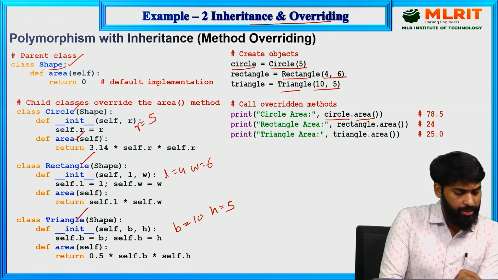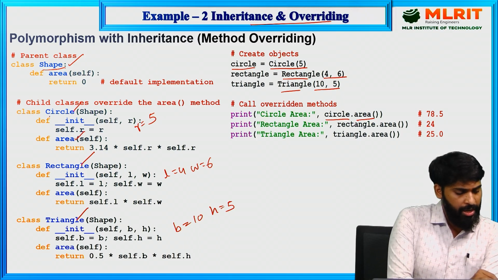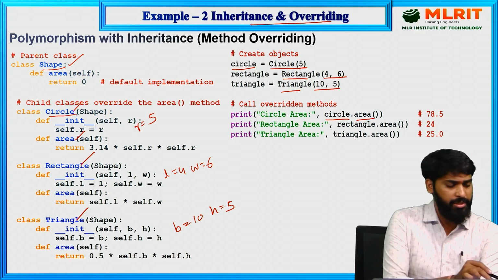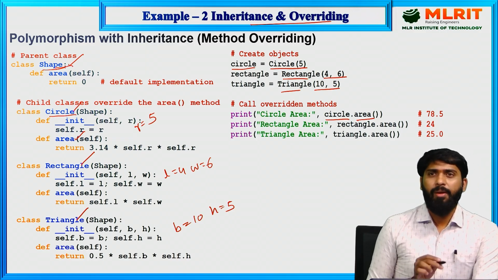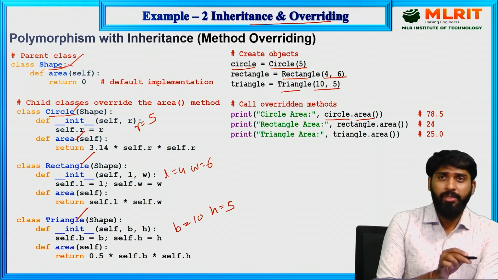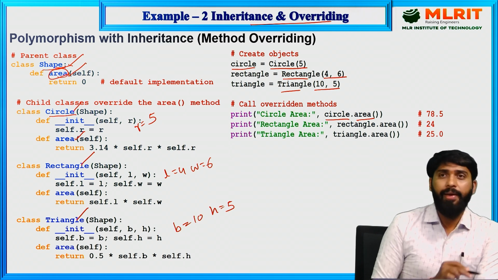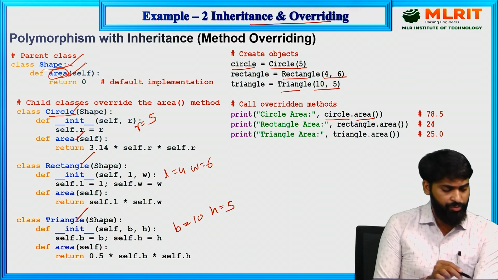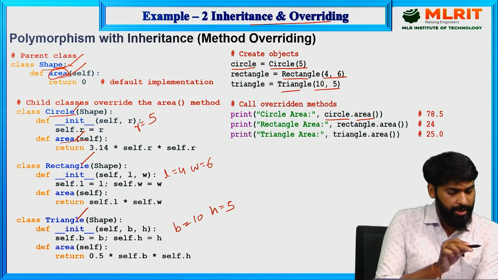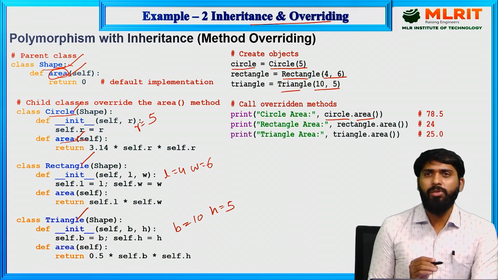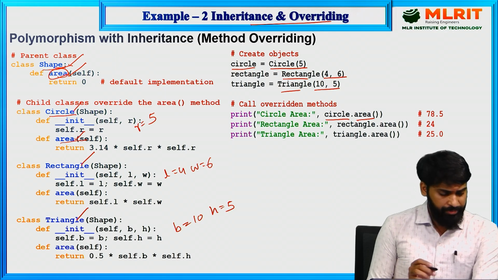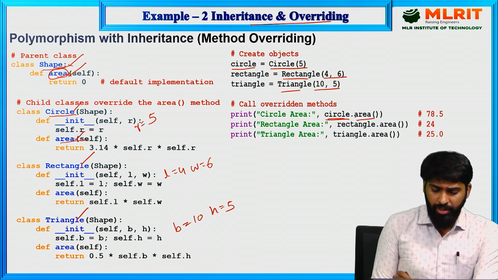Here for the class circle the parent class is shape, but in the shape class also we have area. Now this area function is overridden by the area in circle. So this concept we call method overriding. Okay, so now here we are calling circle dot area.